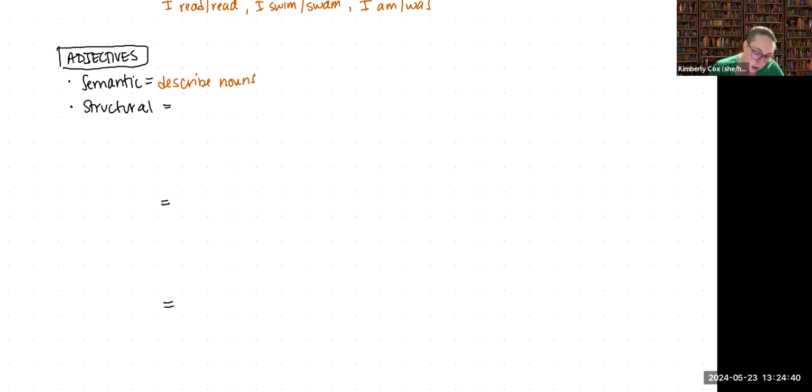So let's talk about the structural definition. Adjectives can come after determiners and before nouns, right? So now we're getting concrete. We're talking much more specifically about them.